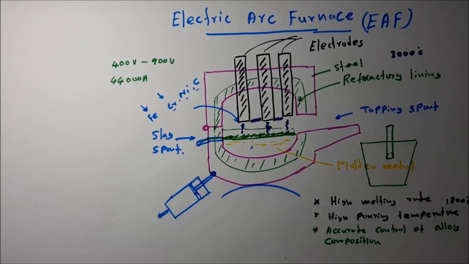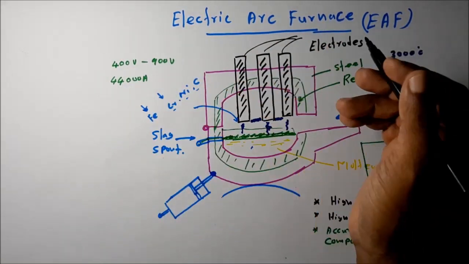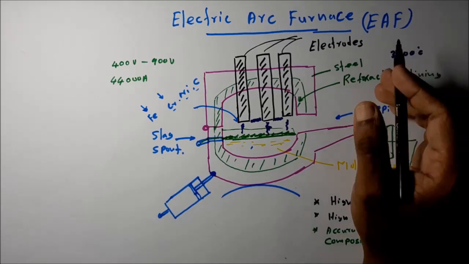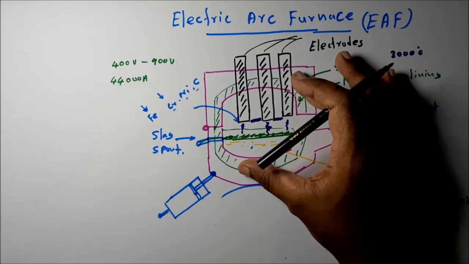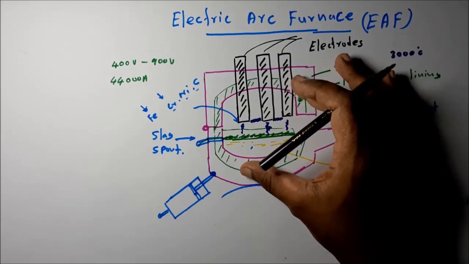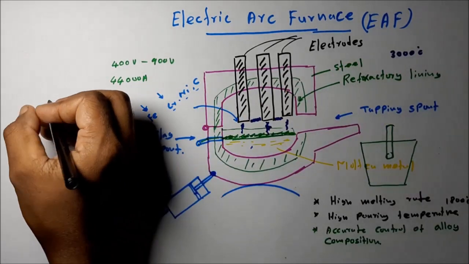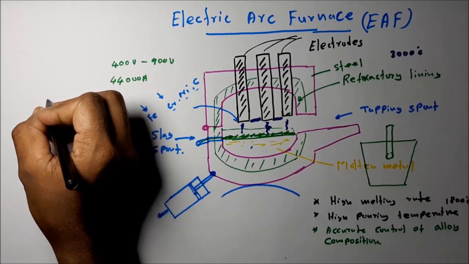Then, about the transformer rating, these electric arc furnaces are available from a few kilograms to hundreds of tons. Lab type furnaces are available with a few kilograms capacity. In industrial types, electric arc furnaces of hundreds of tonnes are available.